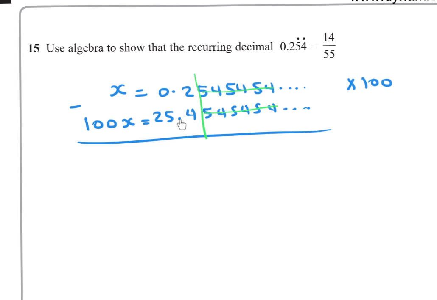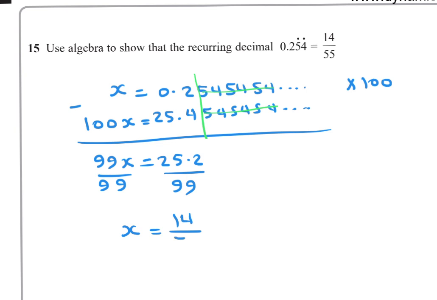So now you have 25.4 minus 0.2, which is 25.2. And 100x minus 1x equals 99x. Now divide by 99. So x equals, in the simplest form, 14 over 55.